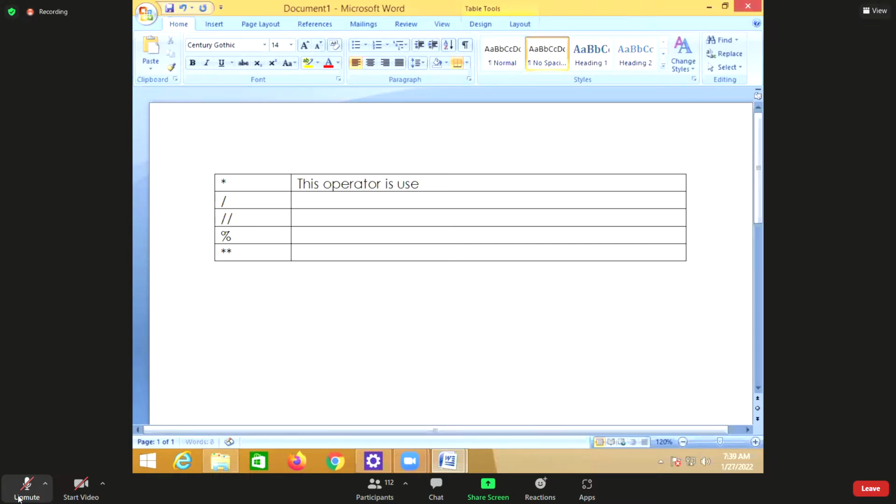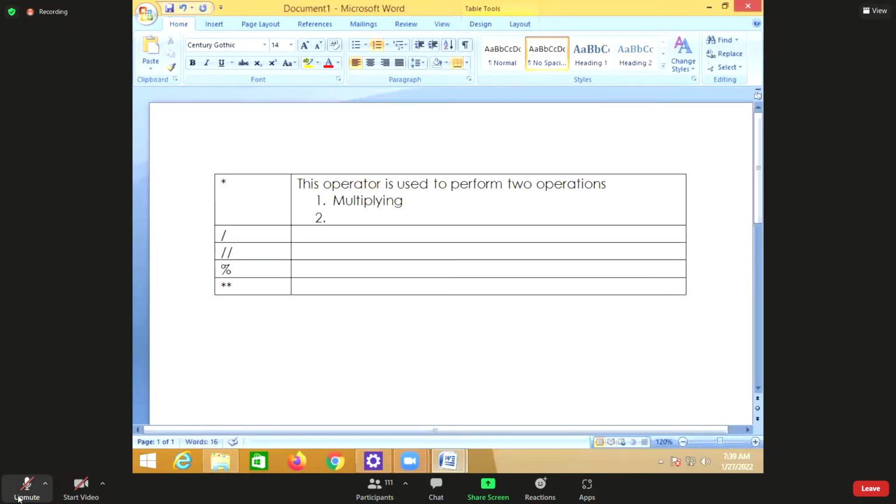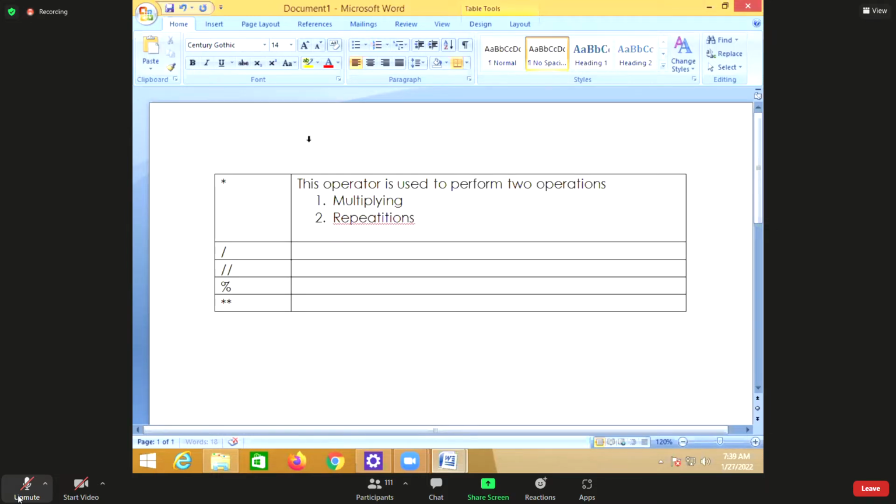This operator is used to perform two operations. One is for multiplying, and the second one is for repetitions.